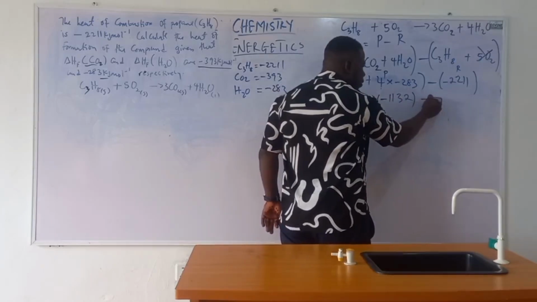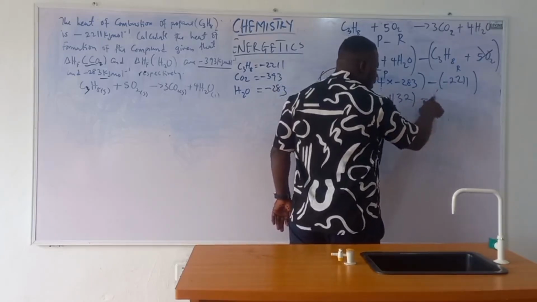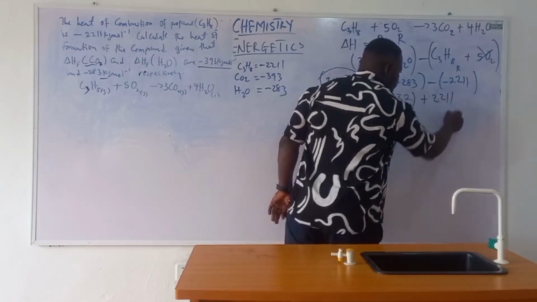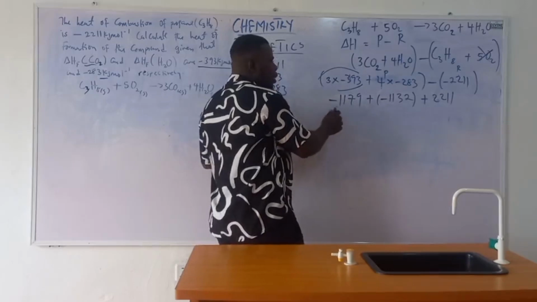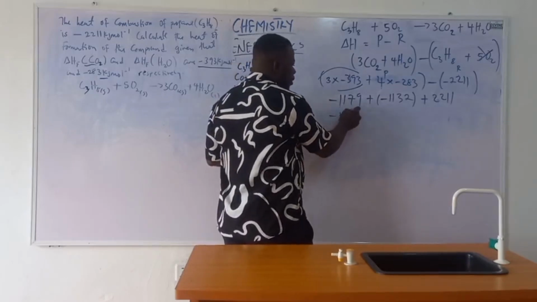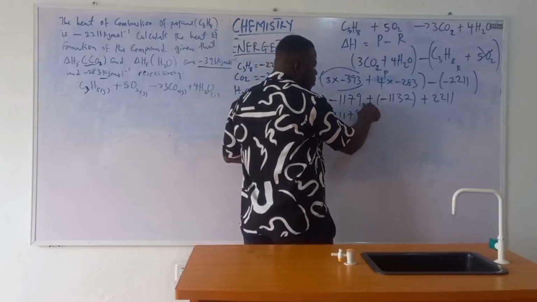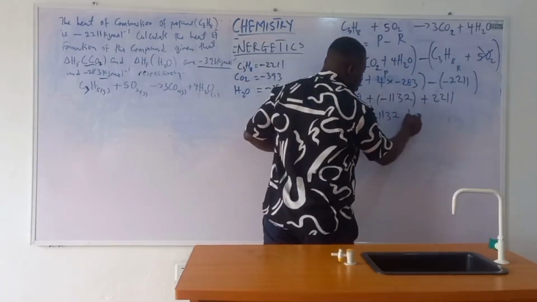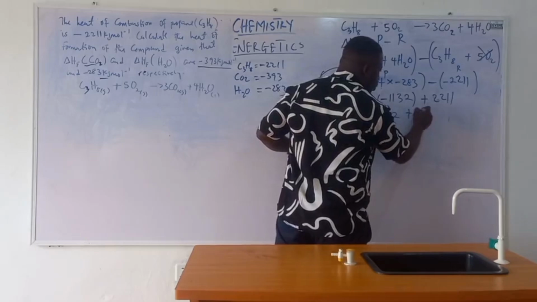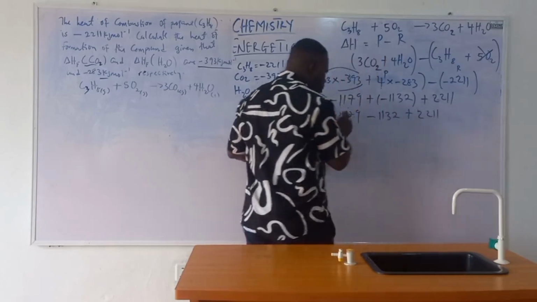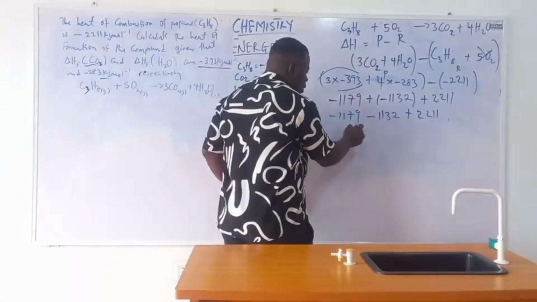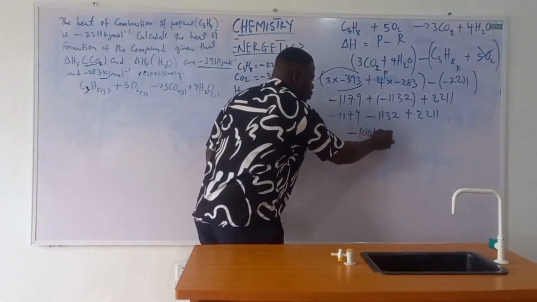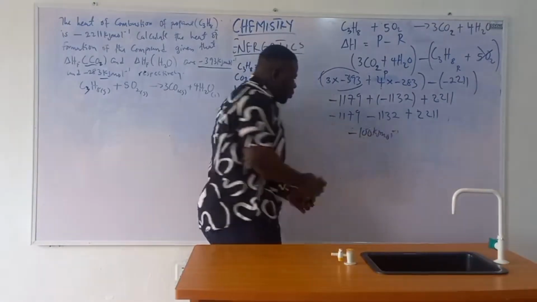Then the minus again. So minus times minus 2211 is plus 2211. So we have minus 1179 plus times minus is minus 1132 plus 2211. If you do this in your calculator, you have minus 100 kilojoule per mole.